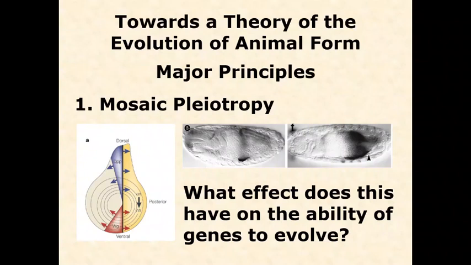Now mosaic pleiotropy simply refers to the idea that they are expressed in different areas. When you were a kid, I don't know if you ever had to do a mosaic, right? You put together lots of different pieces in different areas to make an overall picture. So mosaic pleiotropy just simply means that in development, some genes are expressed in one part of the body and they have a specific job, and then they may be expressed in a different context, both in terms of where they're expressed in the body and the other genes that are available, and therefore they will have a different job.